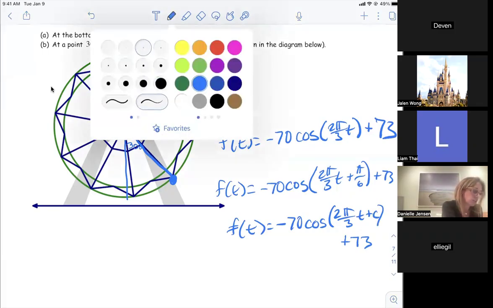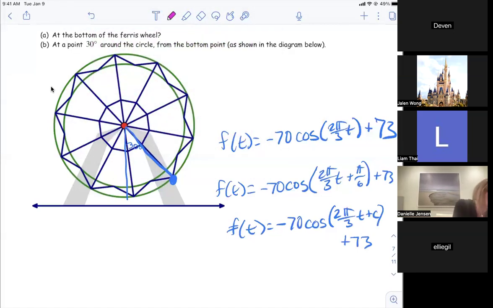Then I would think about, what's a point I can plug in? Because this is now my time 0, since I'm starting here, so t is 0 here. When I plug in 0 for time, I want to know what this new height is. And if I give you one of these angles, you'll always be able to find this, because this is y equals 73, our midline.